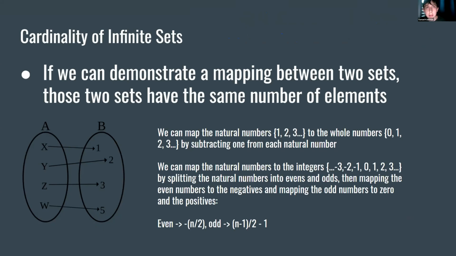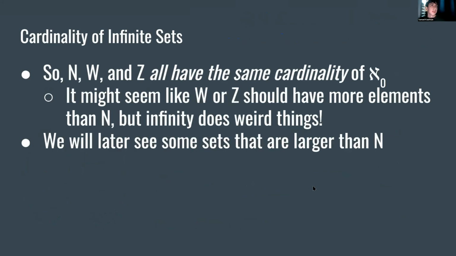All right. So from what we've just shown, the natural numbers, the whole numbers, and the integers all have the same cardinality, and that cardinality is Aleph null.